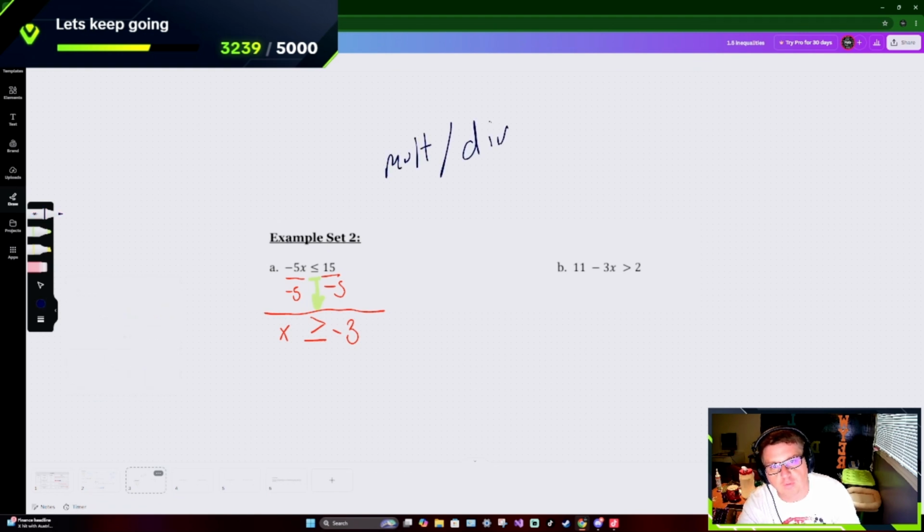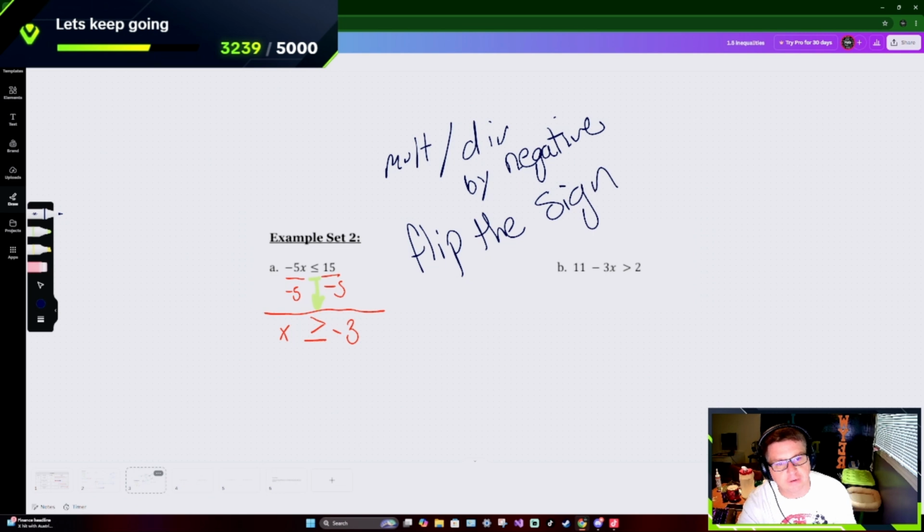Multiply or divide by a negative, flip the sign.